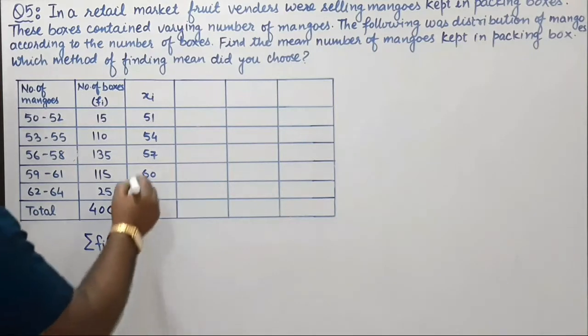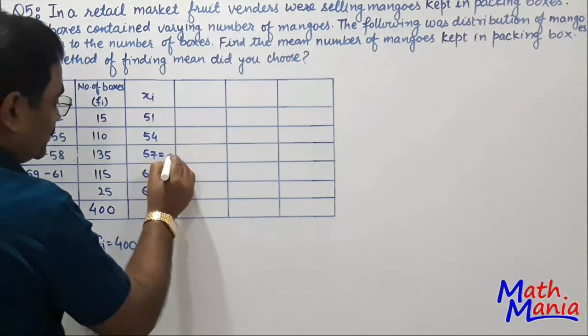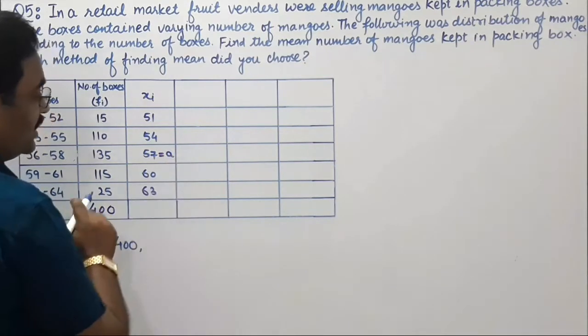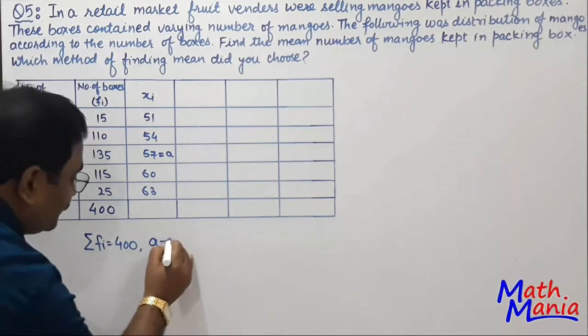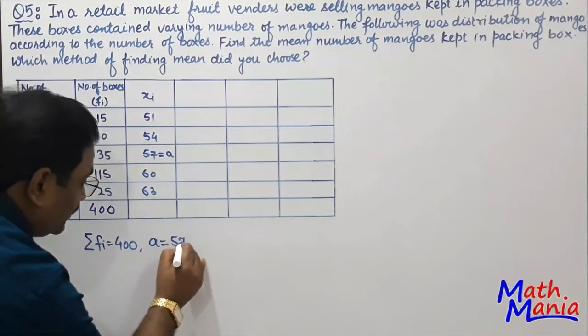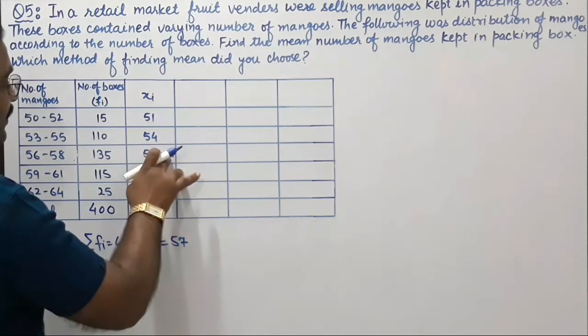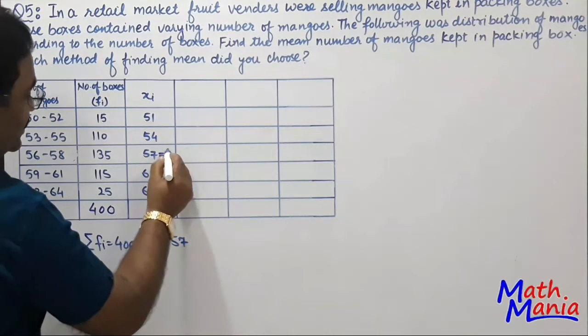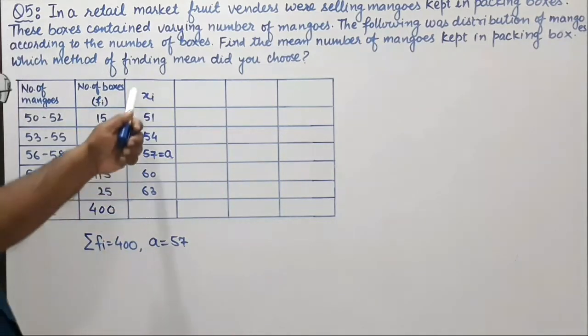These are the values of xi. Now we are going to assume a value, A, which is our assumed mean. A we have taken as 57. As I explained, you can assume any of the values of xi.